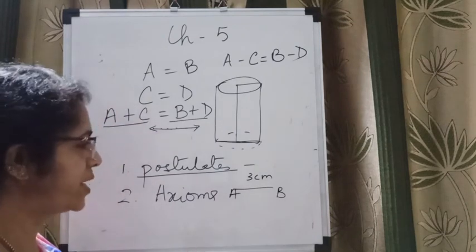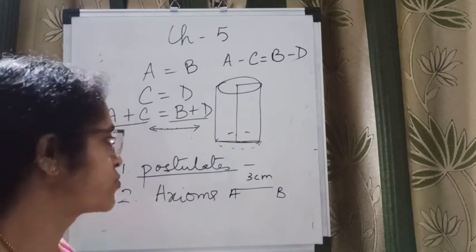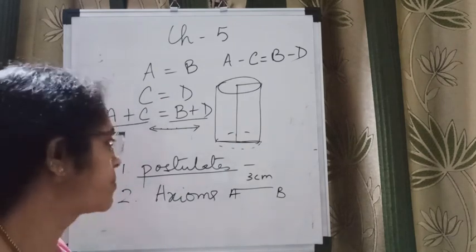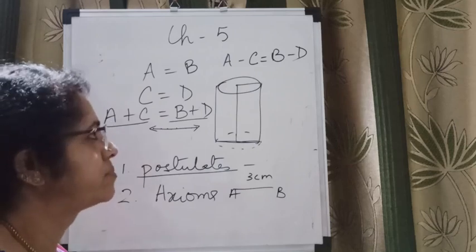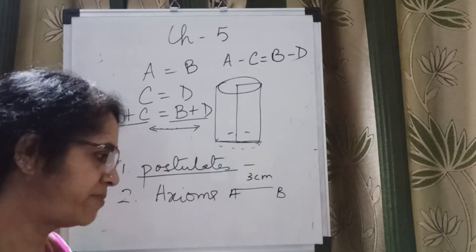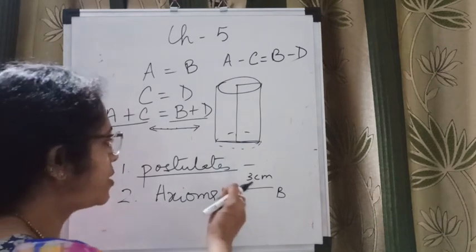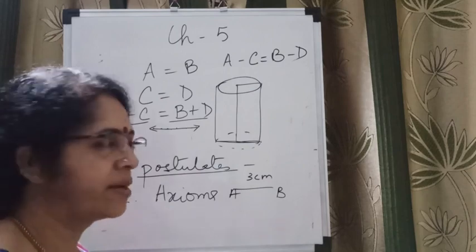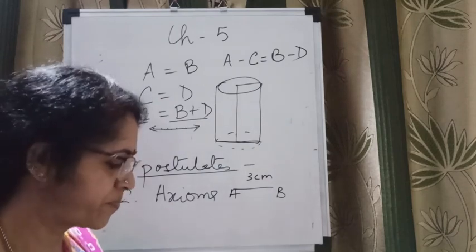Like you take a book and keep it on another book, two maths books, one on top of the other, they overlap. Or two pizzas of the same size, keep one on top of the other, they overlap each other. So if the objects have the same dimensions, definitely they will overlap each other.